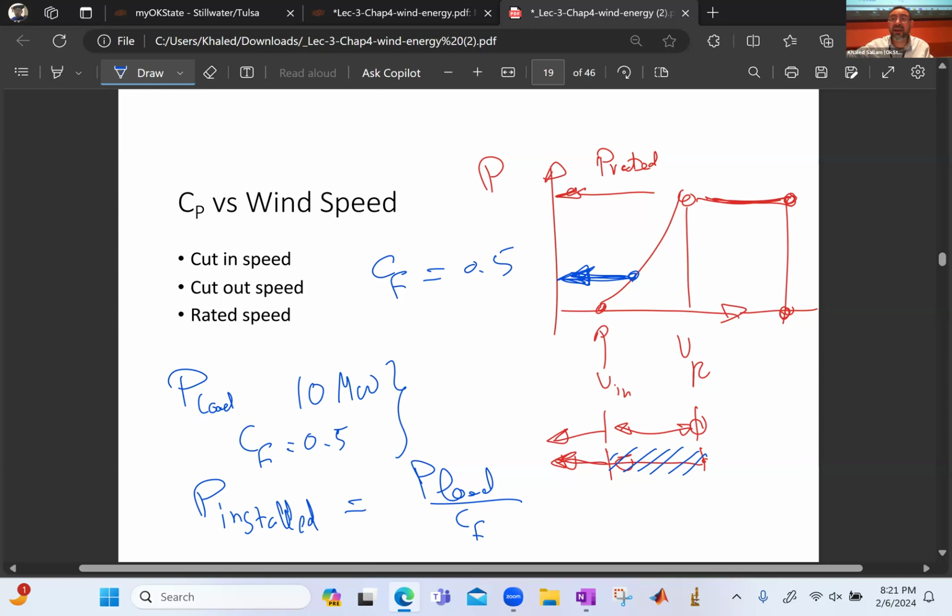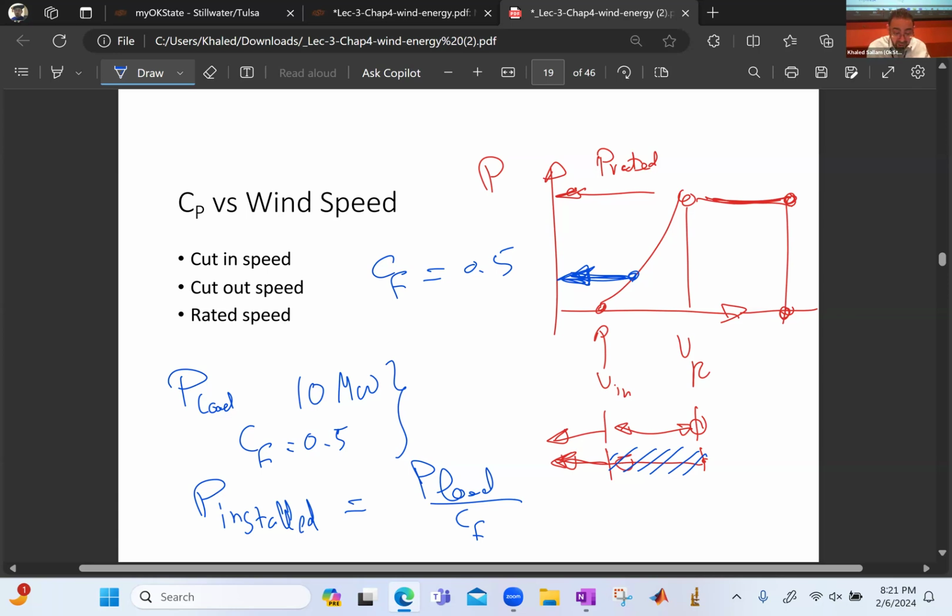Even worse, not every single month. When we calculated that CF, the number of hours per year the wind stays at rated speed or higher, maybe those are the summer months, not the winter months. So wind energy doesn't run by itself. You always need energy storage.